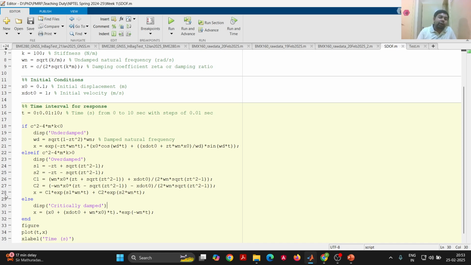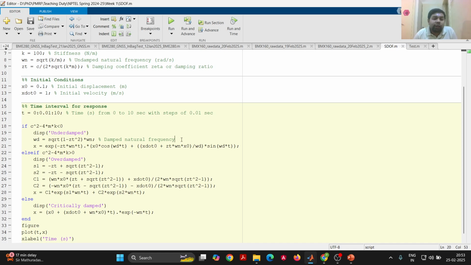So here I have created an if-else kind of structure. The first if checks whether this statement is true. If it is true, then it will execute whatever is after this if statement. It will display in the command window whether it is underdamped, overdamped or critically damped, and then calculate the required quantities.